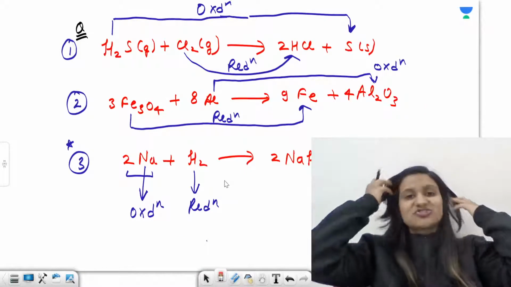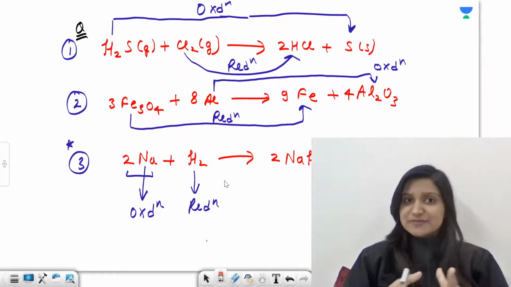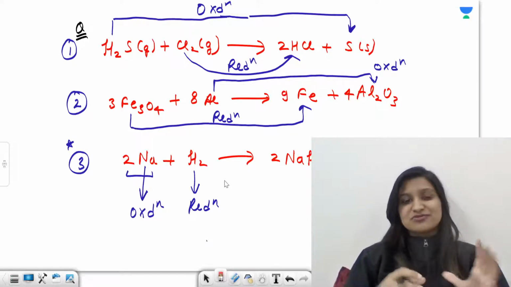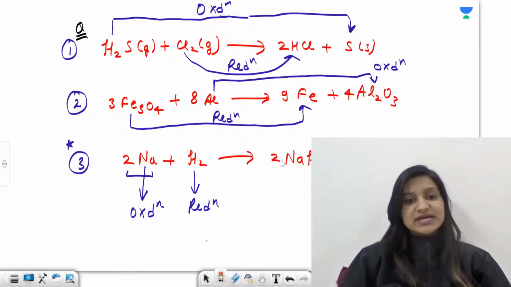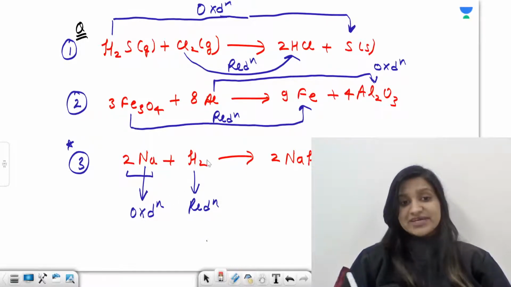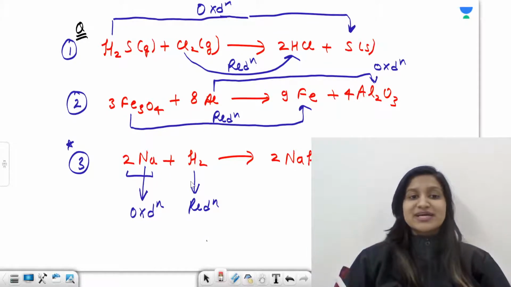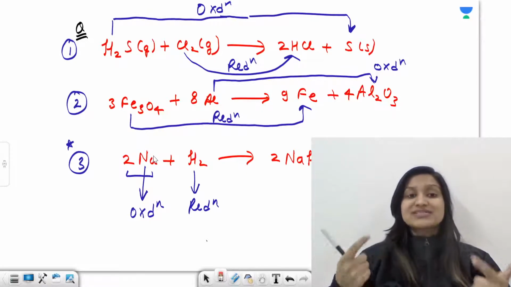This is just a quick recap, within 5 or 10 minutes, so that if anyone watches this particular lecture, he or she won't feel left out. Okay, now let's move ahead. This was a very good example. As you can see clearly that here we are adding hydrogen, but here sodium is not getting reduced, sodium is getting oxidized.